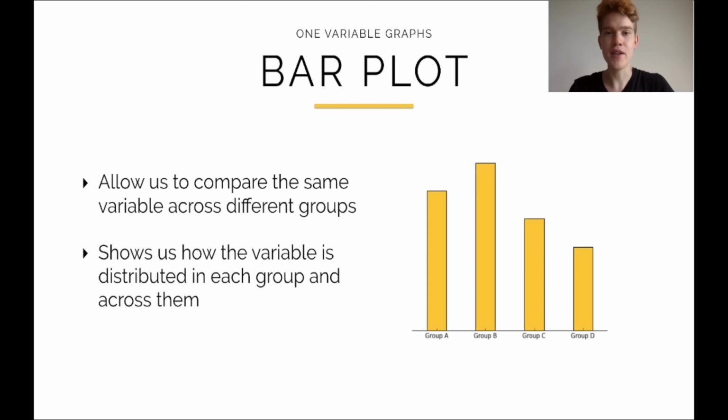All right, so the next one variable plot that we'll look at is going to be bar plots. What bar plots do is they may look a little bit similar to histograms at first, but they're very different in some sense, because bar plots allow us to compare across different groups. That's what we see on the x-axis down there: we look at different groups. We use the same variable, but we can compare that variable over different groups.